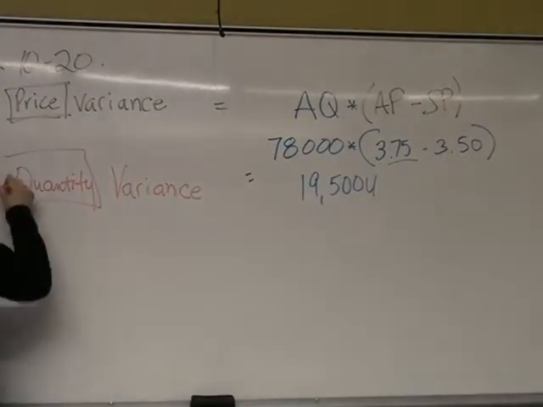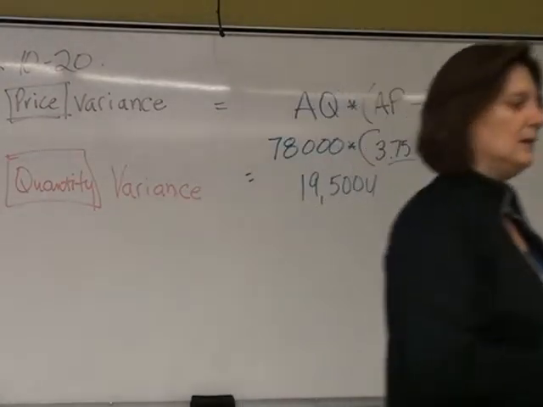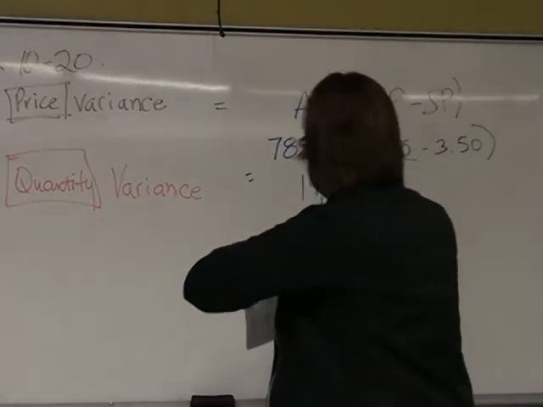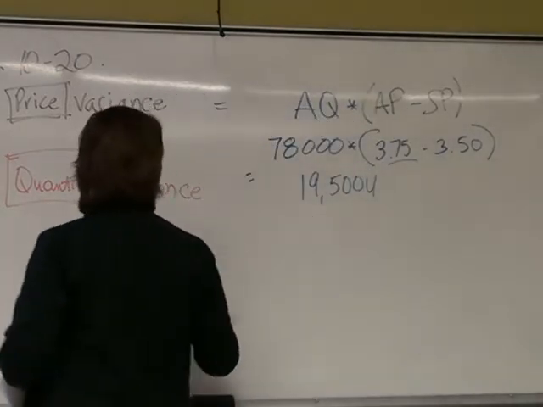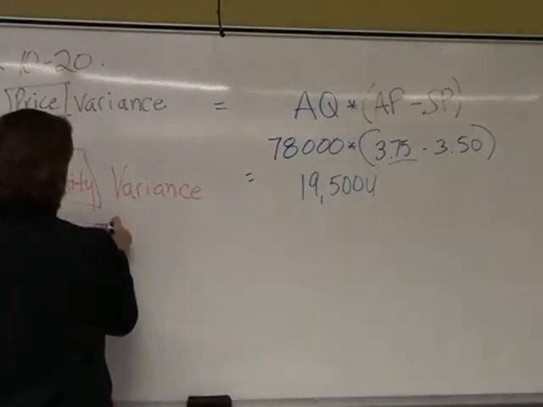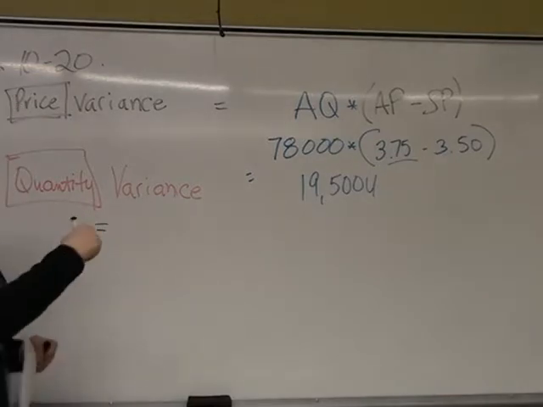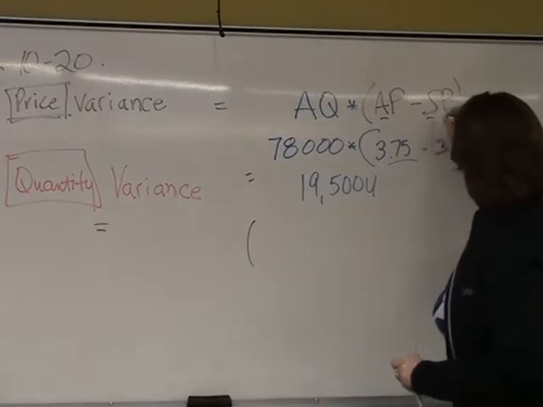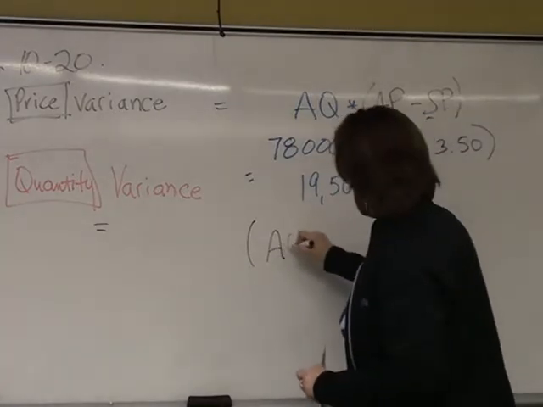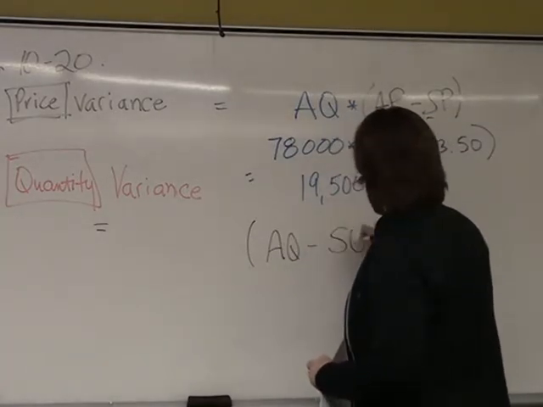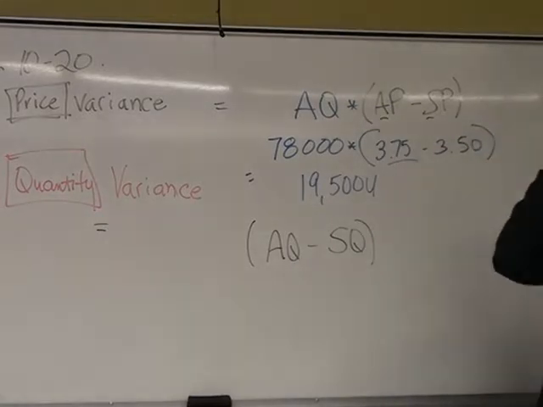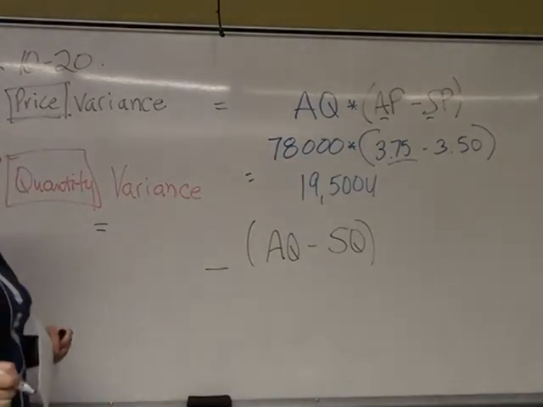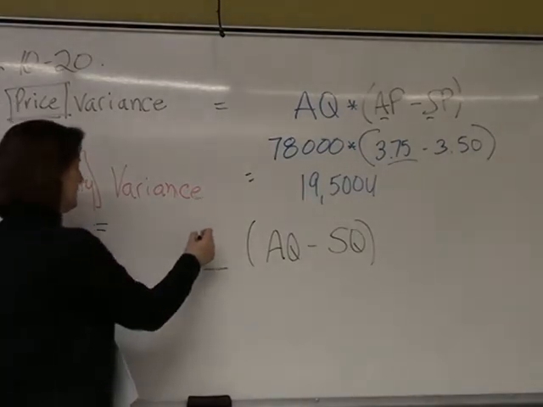Just like actual less standard, we're going to do actual quantity minus standard quantity, and multiply that by the standard price.